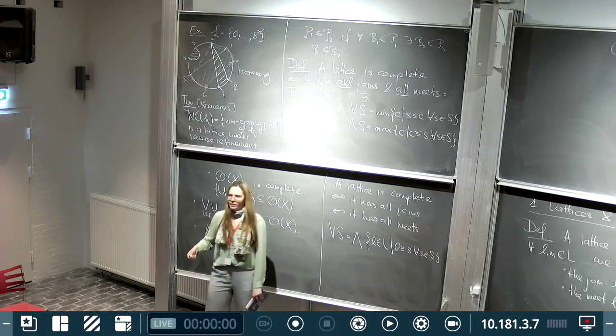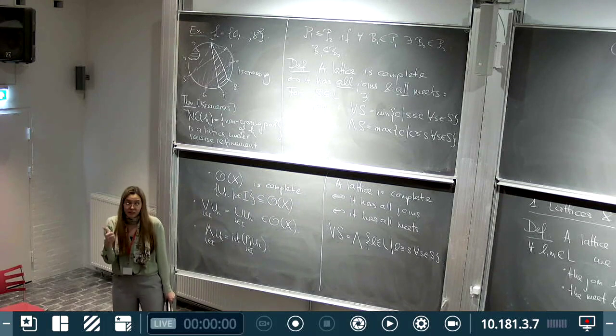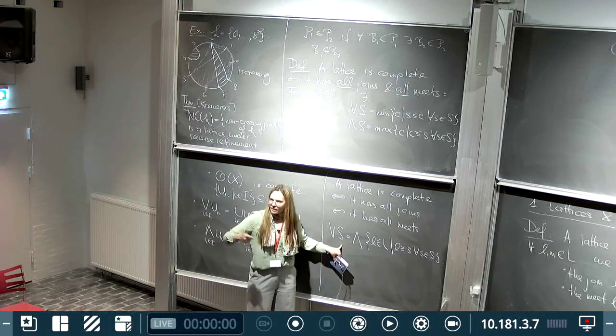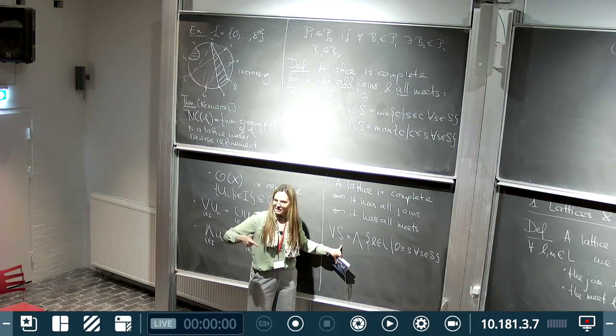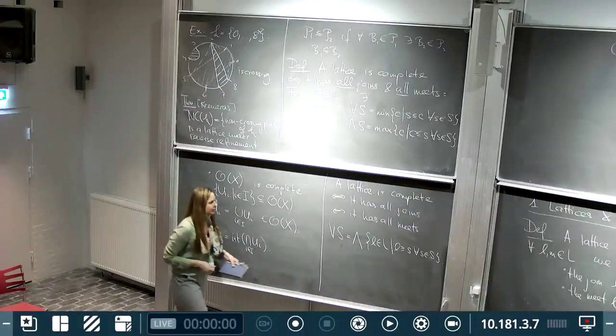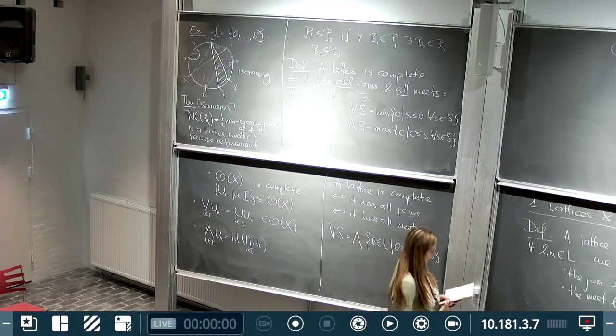When you check something as a join, you have to check it is bigger or equal than everything in your set, and then you have to check as a second thing that it's the smallest one that satisfies this. Then you're done. So, complete lattices.